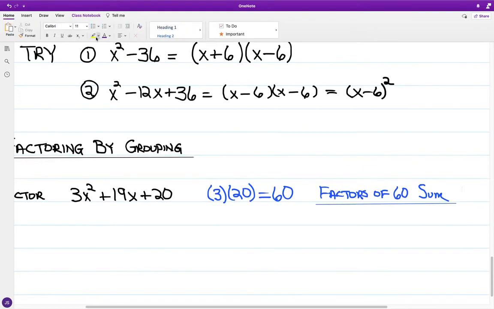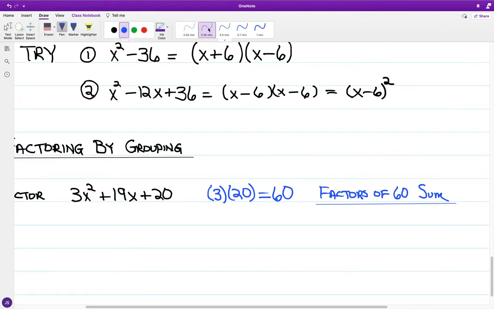Just mentioning once again, we just involved 3 and 20. 3 times 20 is 60. However, 3 plus 20 comes out to 23, and we want the numbers to add up to 19. So 3 and 20 is not the combination.